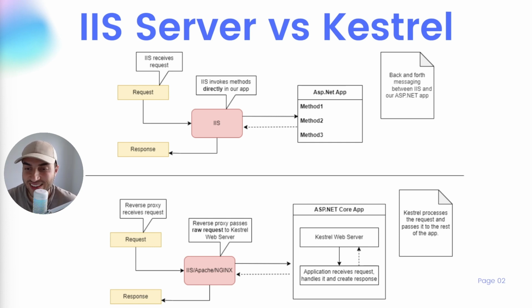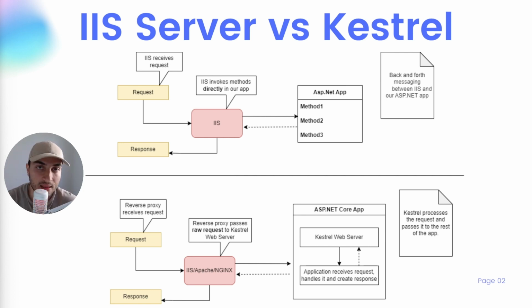So basically the solution to this was the development of the so-called Kestrel, which in simple words is a fast cross-platform HTTP server on which ASP.NET Core applications can run. Okay, so in the previous design, Windows IIS was the one responsible for calling into specific points of the application.